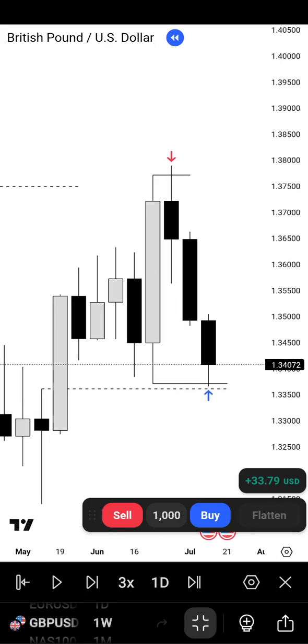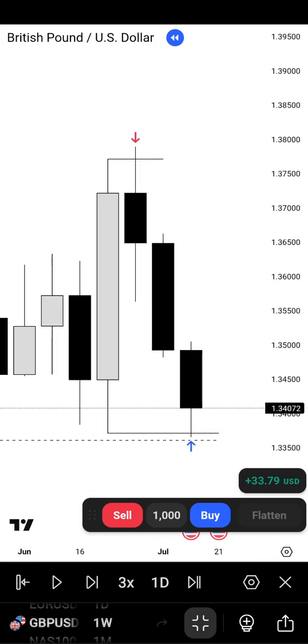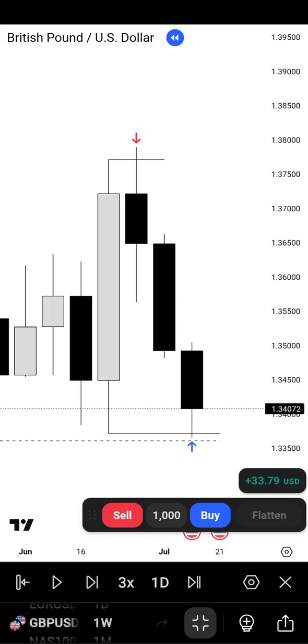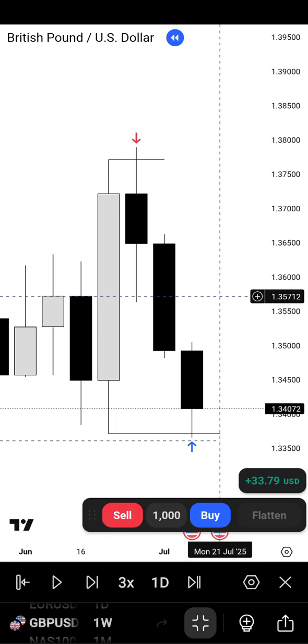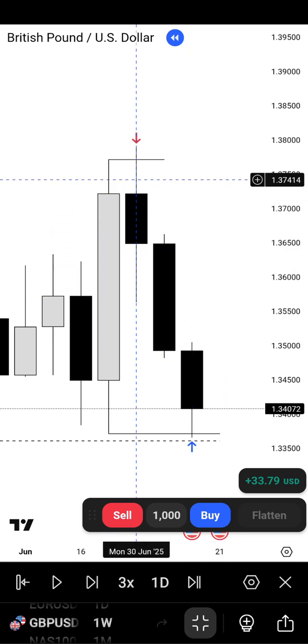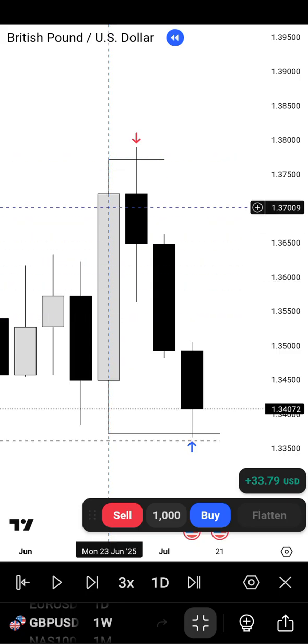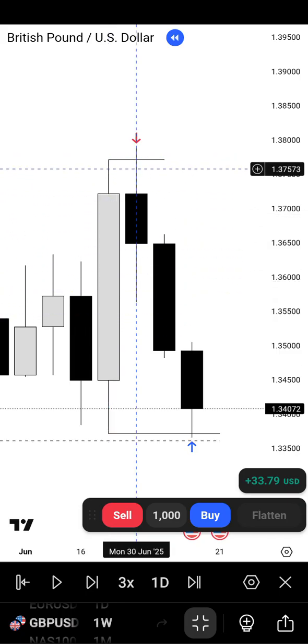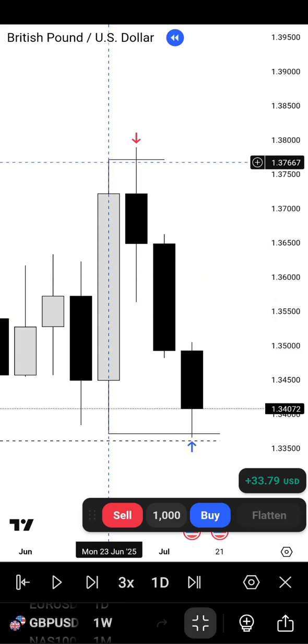All right, and this brings me to the other way to probe bias. I already talked about this, the wicks and closes. So once we have wicked, and for example this candle, right, wicked above the previous weekly candle, giving us a CRT, we can anticipate that the next one or few candles is going to be a bearish move, right?